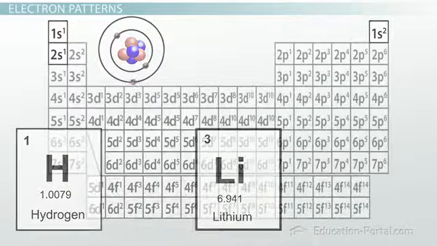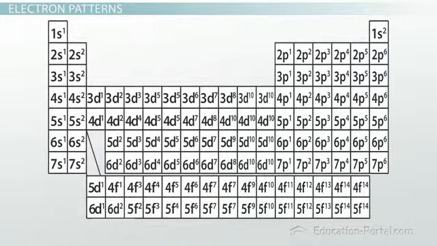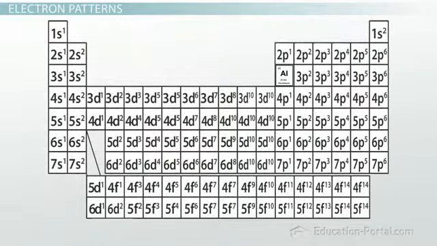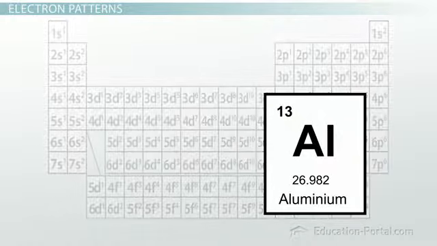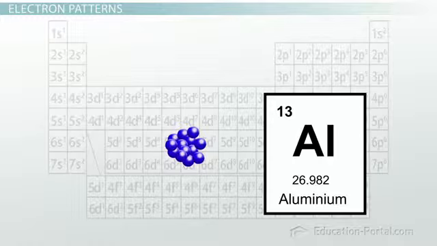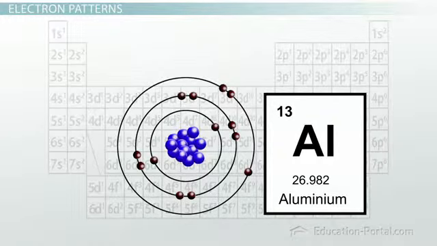Let's try a more difficult one. Find aluminum on the periodic table. On this diagram, it is found in the box labeled 3p1. How many electrons does aluminum have? Well, it has 13 protons, so a neutral atom of aluminum must have 13 electrons. Which electrons are they?